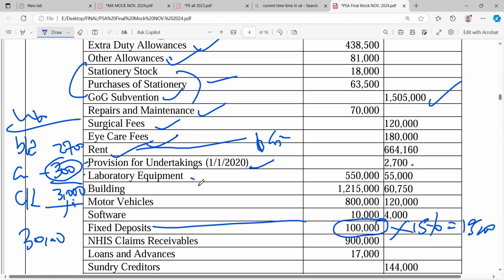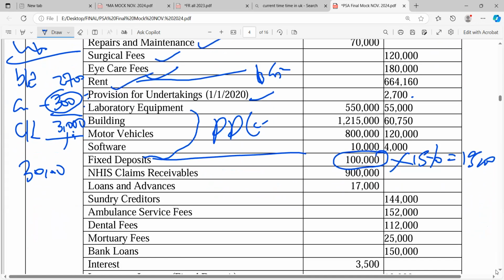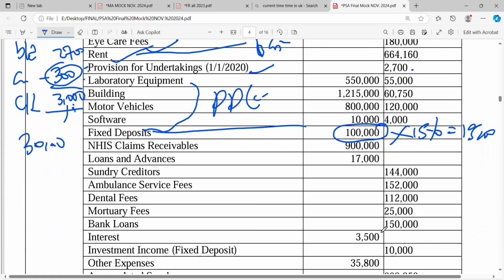From here coming, all of this, they are what? PPE. Fixed deposit is what? Non-current assets. NHIS claims receivable, current asset. Good.